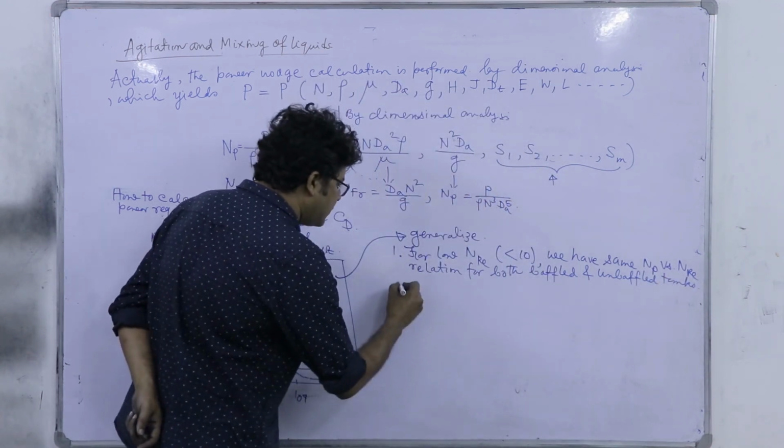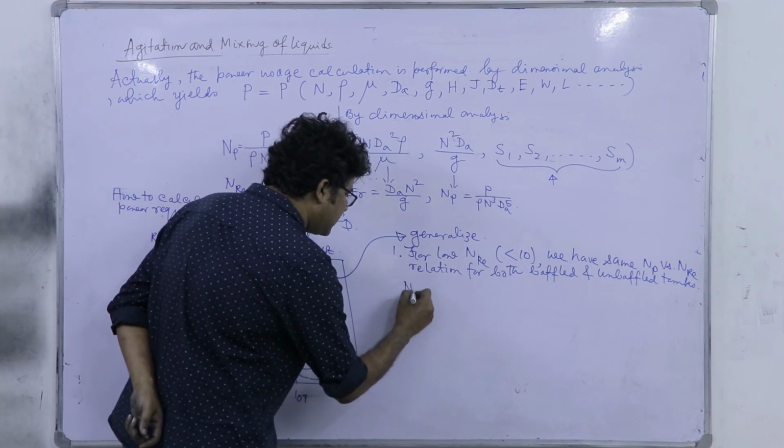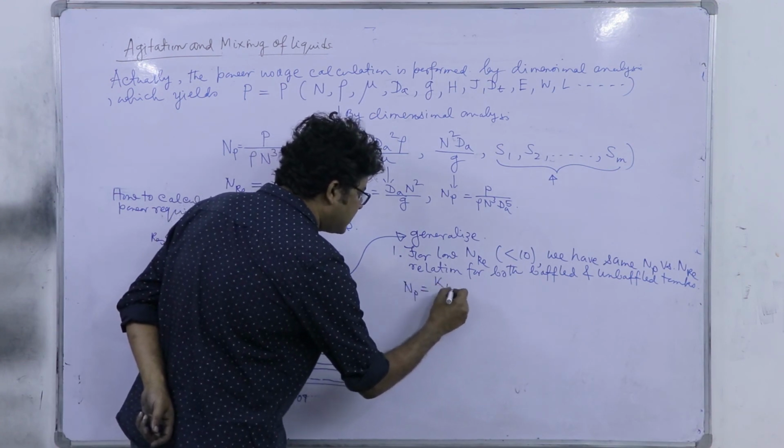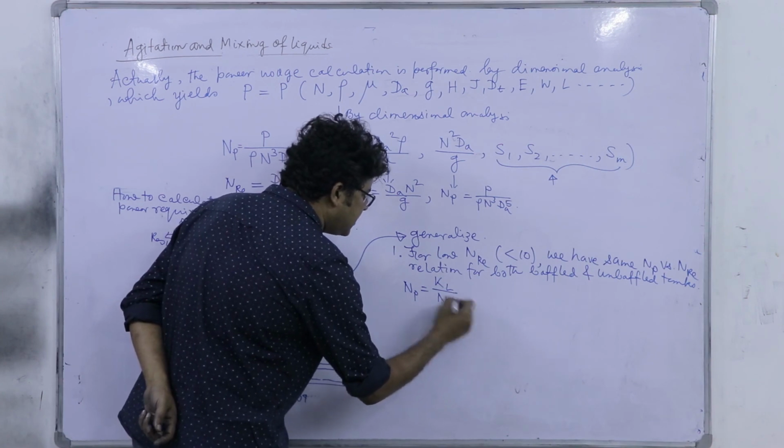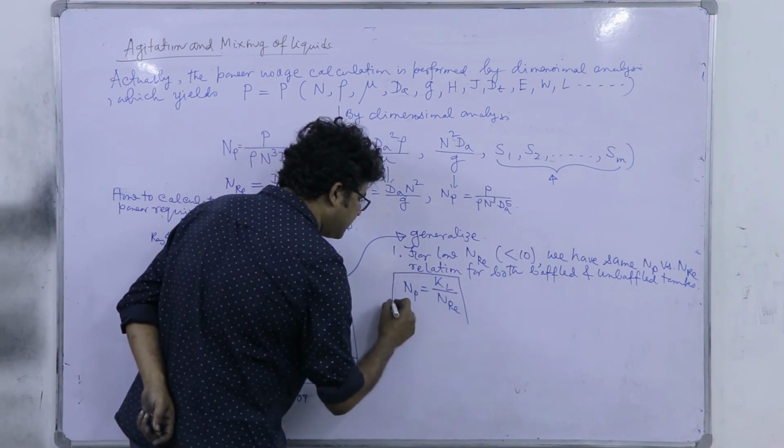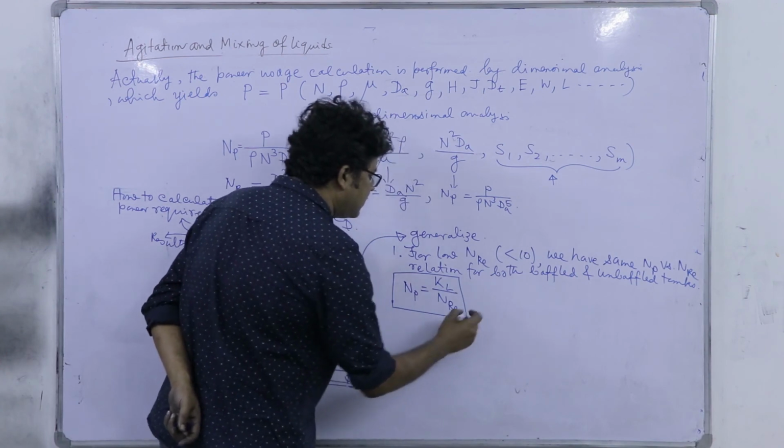What is the relation? NP is equal to some constant divided by NRE. That is very, very important. We will solve problems in the next session using this.